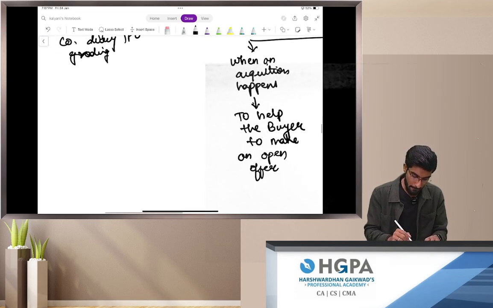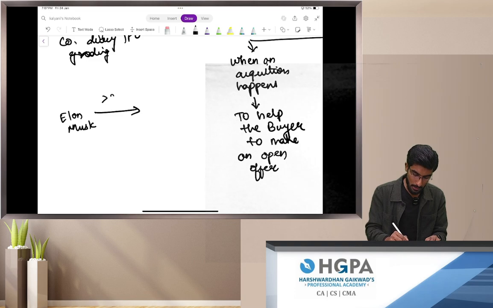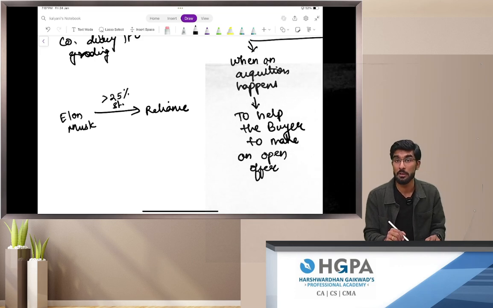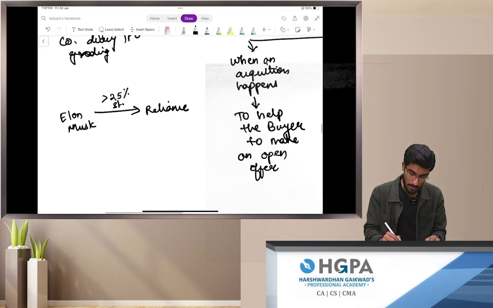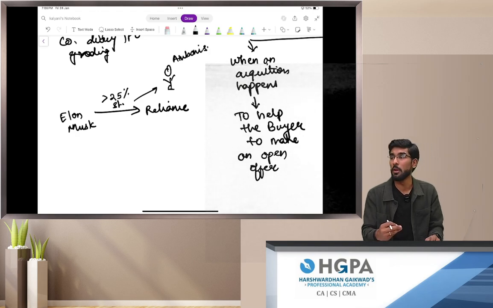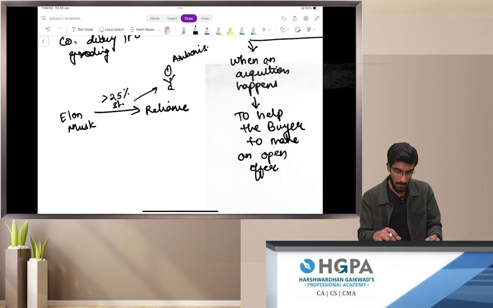If Elon Musk wants to acquire more than 25% shares in Reliance, let's say he wants to acquire these shares directly from the Ambanis.